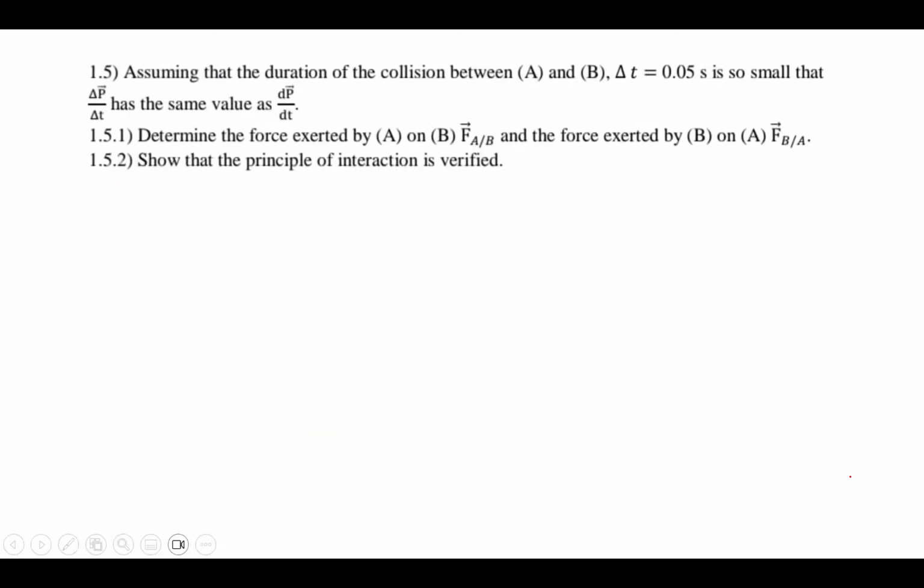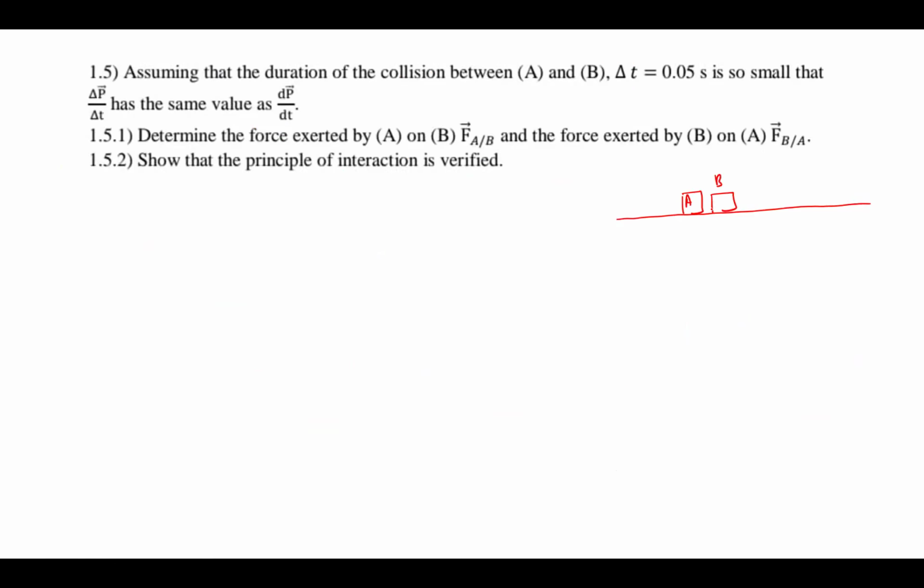Next part, assuming that the duration of the collision is this much, determine the force done by A on B. We have to pay attention. In order to find the forces, we have to draw the system. So this is A, and this is B just during the collision. Okay, now, in part 1.5.1, we have to find both forces.